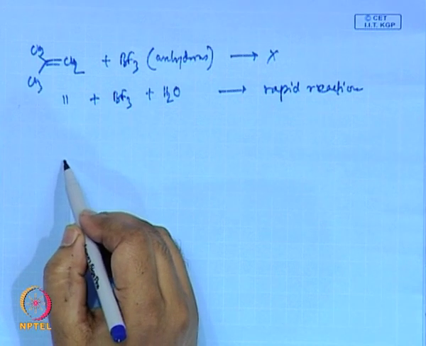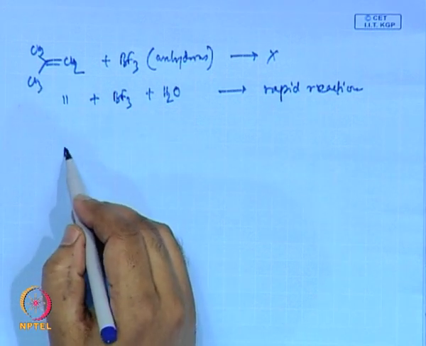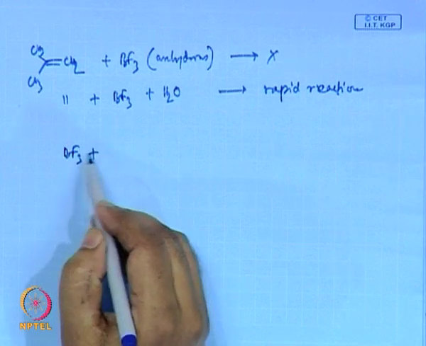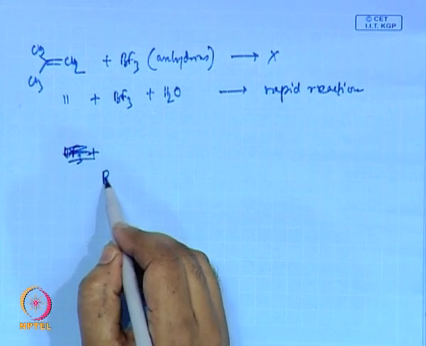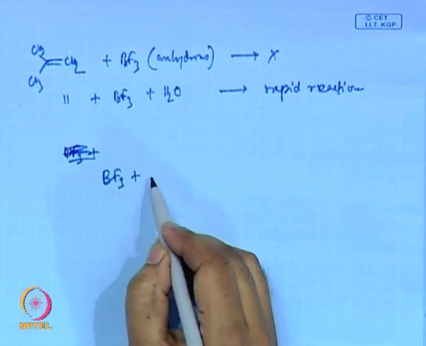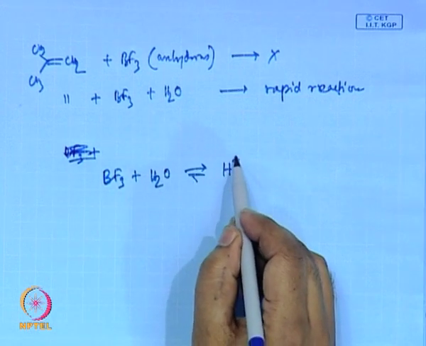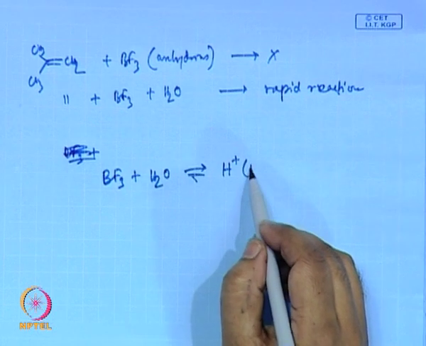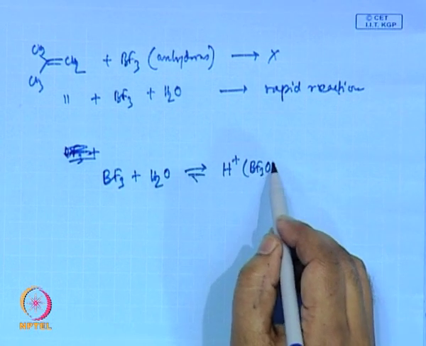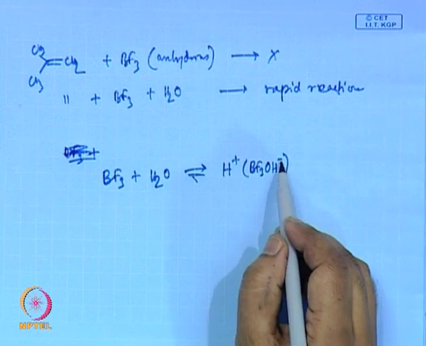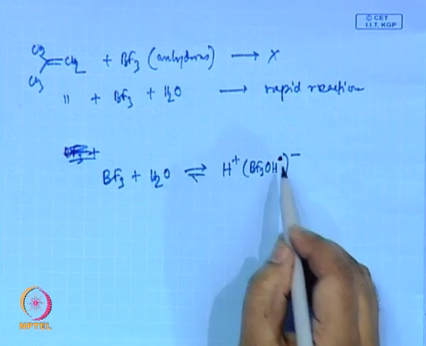If you consider this case, the reaction happens like this: BF3 plus H2O makes a complex.